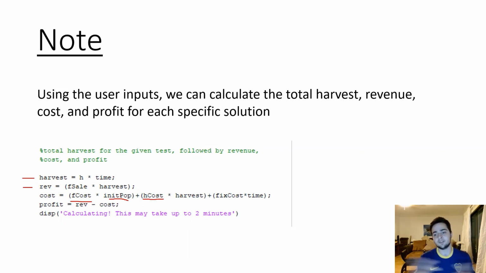So this is to simulate if he has a lot of people being hired to fish for him, he might have to pay a lot of people per fish through that variable cost. And then we have a fixed cost, which is, perhaps, he has to spend $100 a year to maintain the pond. And so that is just including that. Now, we can calculate profit by simply getting revenue minus cost. And this is what will be factored as we seek to optimize on the next slide.